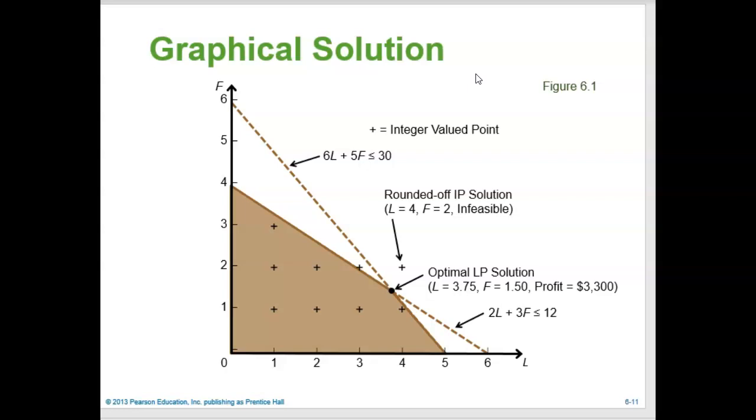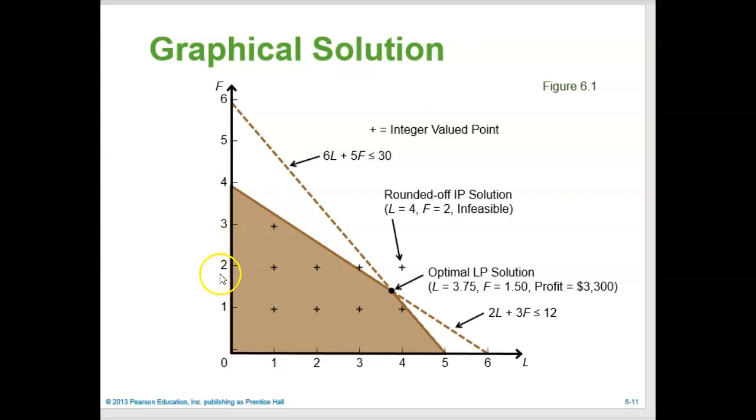If your model has more than 2 decision variables, you can't use the graphical solution. But because our example model is relatively simple and we only have 2 variables, L and F, we can try to demonstrate the differences between an LP model and an IP model from a graphical point of view.